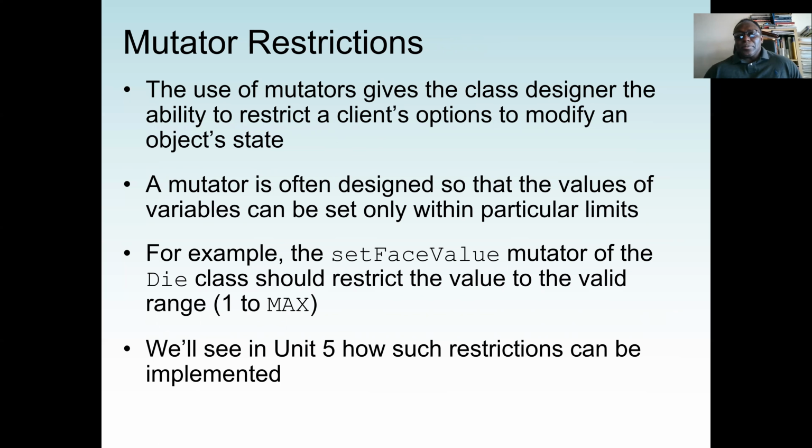I may use a constructor to create an object. As time goes on, I may say, okay, the instance variable of the object, I want to change it. Then I can use the set method or the mutator. A mutator is often designed so that the values of the variables can be set only within a particular limit.